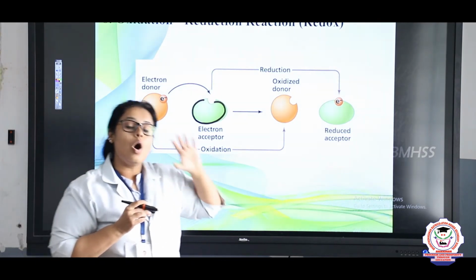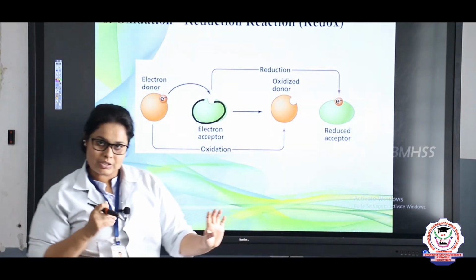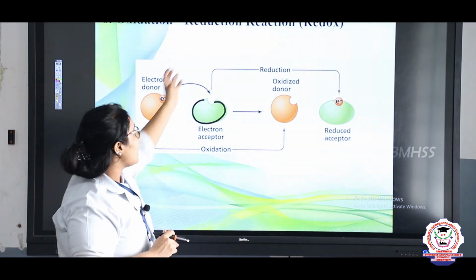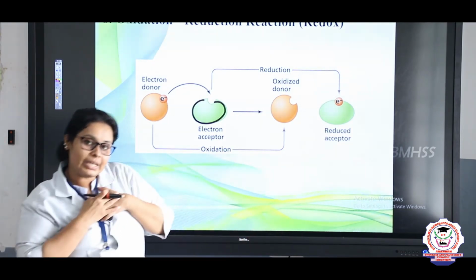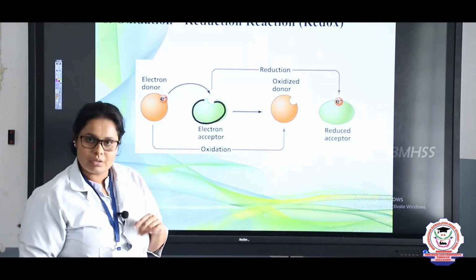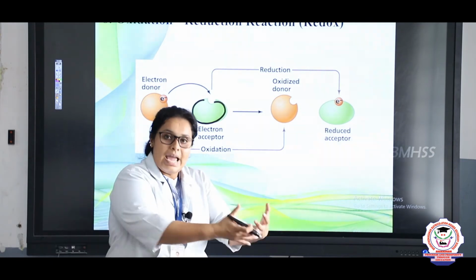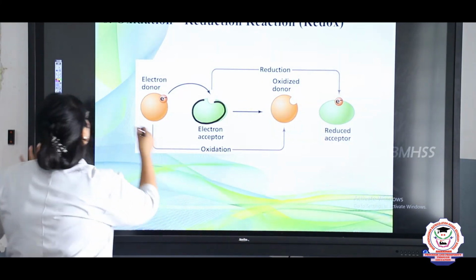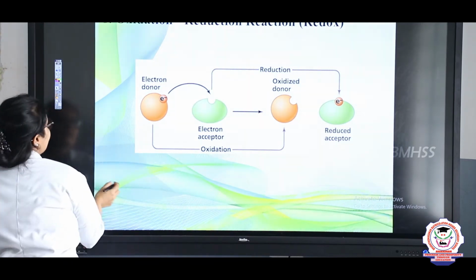Oxidation is addition of oxygen and removal of hydrogen. Same way here it is accepting, right? It is accepting an electron. That is why this is known as a reduction reaction. Reduction reaction means addition of hydrogen, removal of oxygen, right? This is a basic thing which you should understand.